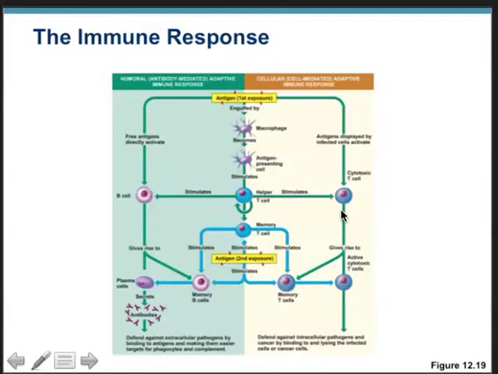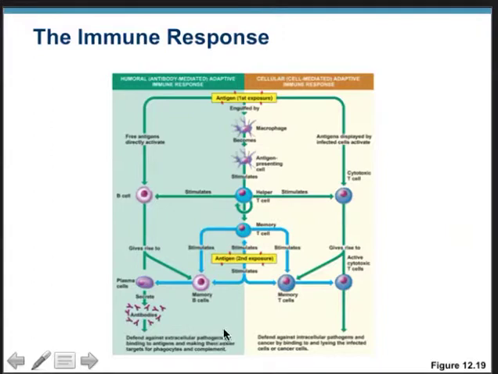The cytotoxic Ts, of course, will show up at the sites of infected cells or actual pathogens and generate a chemical attack designed to either compromise membrane structure, enhance phagocytosis, or promote cellular suicide, while the B cell's main modus operandi is to produce massive amounts of antibody that are capable of stimulating immunoprecipitation, agglutination, complement fixation and lysis, or opsonization, all of which can end up destroying either the infected cell or the pathogen proper.